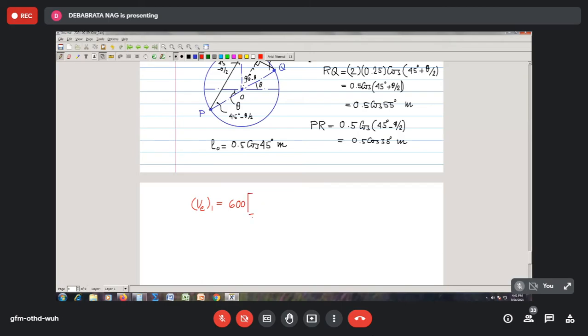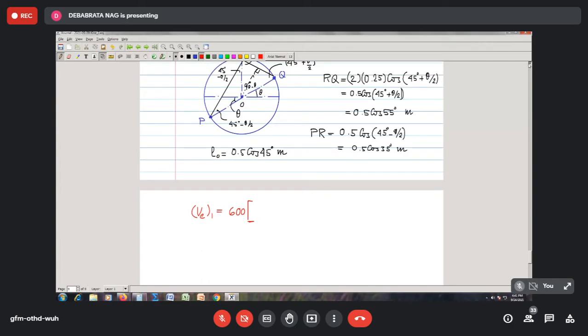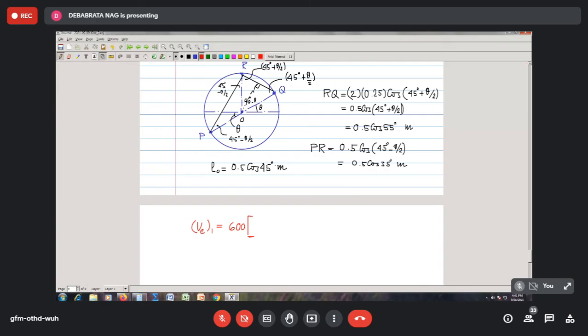Now we need to calculate the square of the extension and compression for both the springs. Now I do not have to bother about compression or extension, because this is 0.5 cos 45 degree, and this is, you see here, it is 0.5 cos 55 degree. So even I can take this 0.5 square also common. So I just made some adjustment.